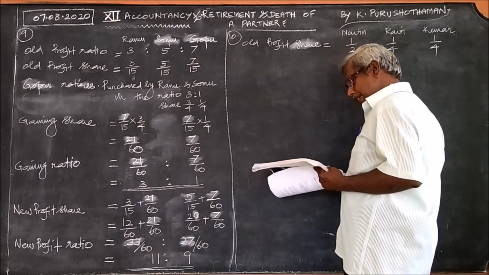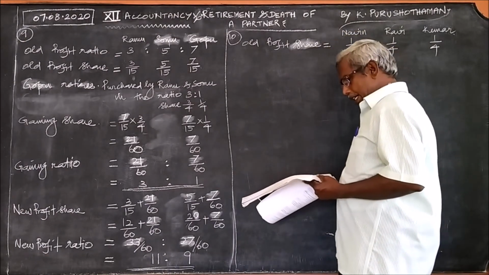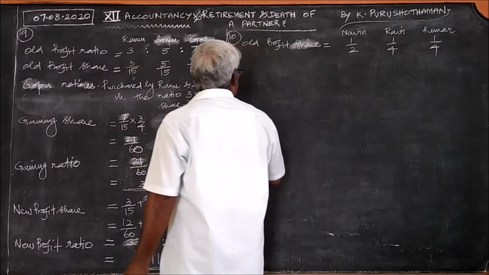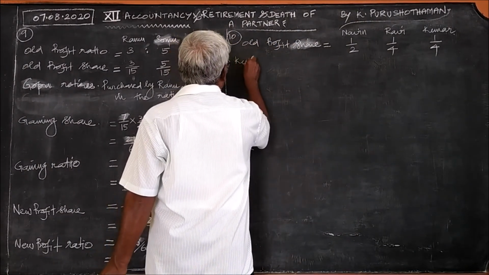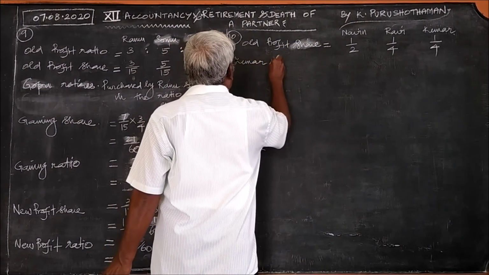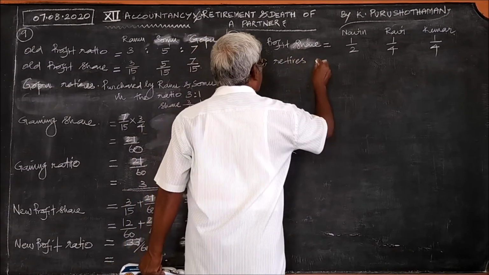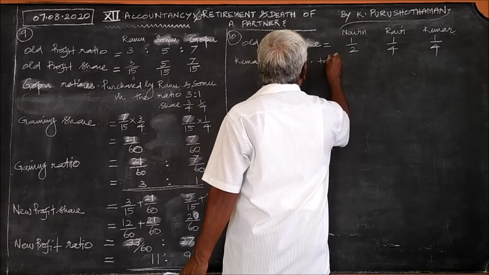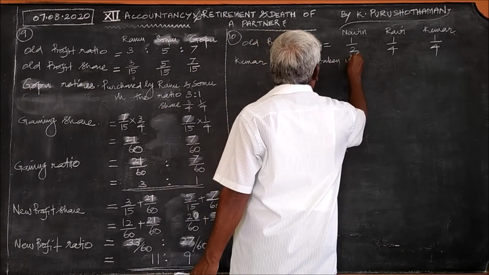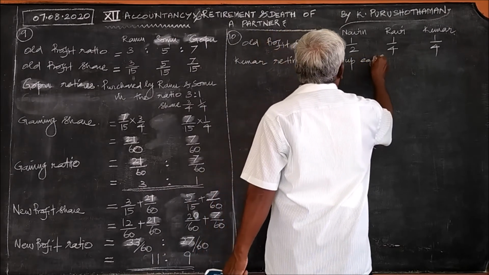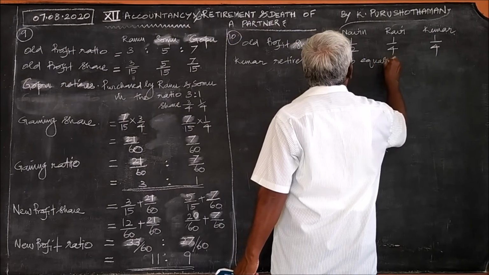Then what happens? Kumar retires. His share is taken up equally by the other partners.